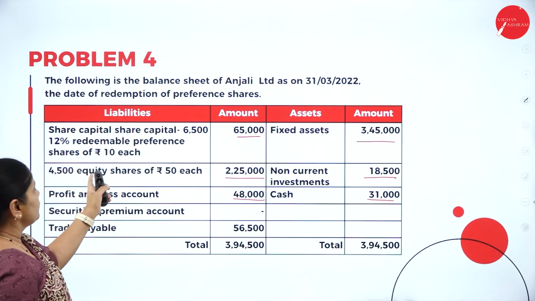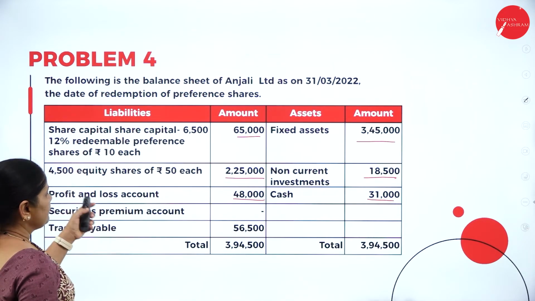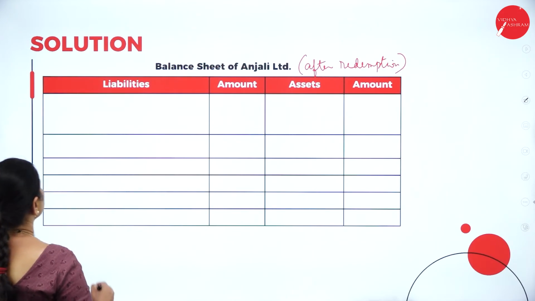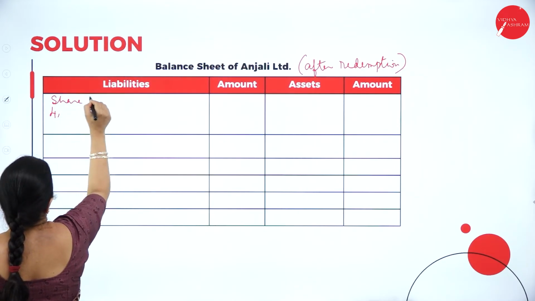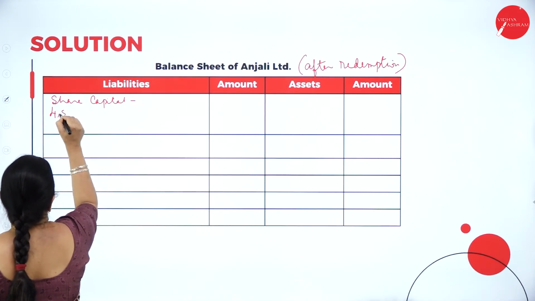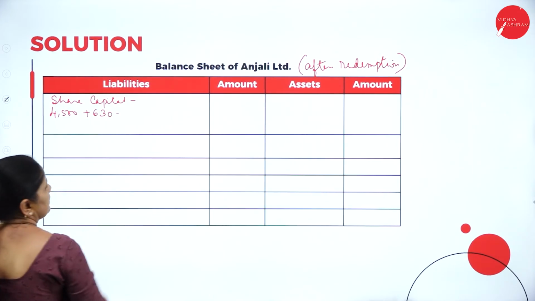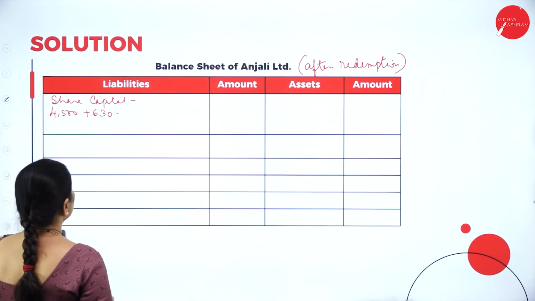Now we have 4,500 equity shares of rupees 50 each. So I will write here share capital, 4,500 plus 630. What is the 630? The new issue of equity shares.